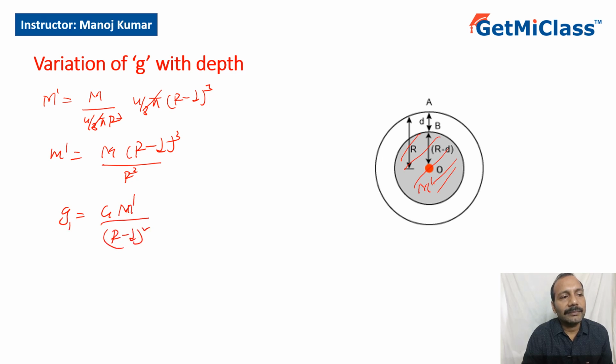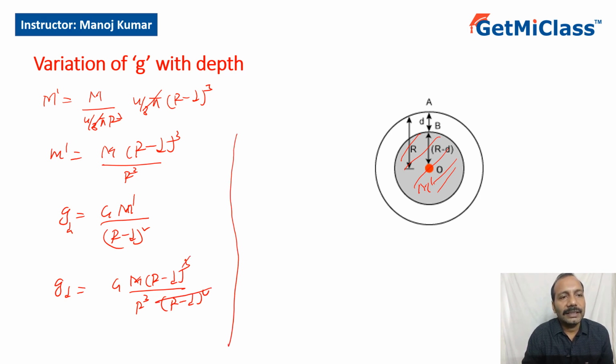So g at a depth d can be written as G m dash, which is G times m into (R minus d) whole cube by R cube, divided by (R minus d) whole square. Instead of m dash, I have taken m into (R minus d) whole cube by R cube. I'll just get rid of the common terms, and I'm left with g at depth d equal to GM into (R minus d) by R cube.